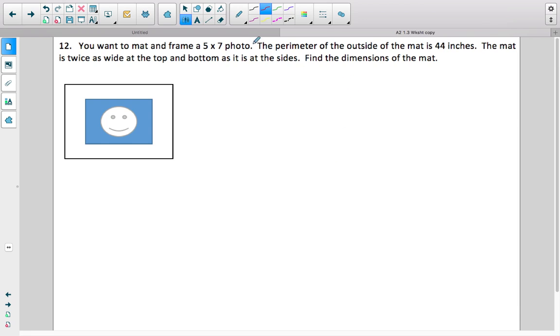So our information is the perimeter is 44 inches. The mat is twice as wide as it is long. I guess the sides are kind of like the length of it in a way. So we know about the width. The width is something. What we don't know is, I'm going to call this the length.